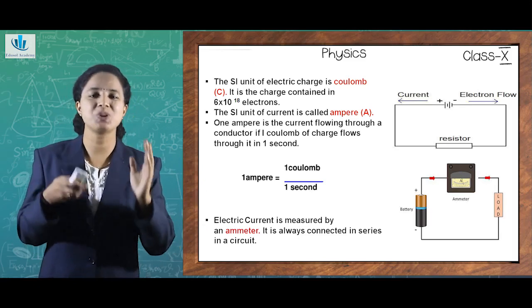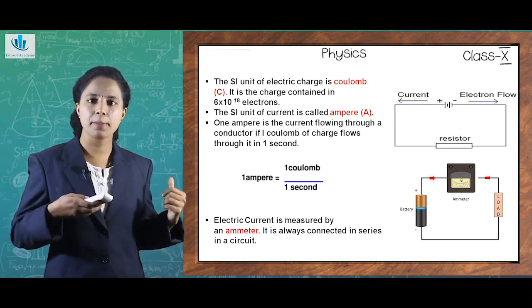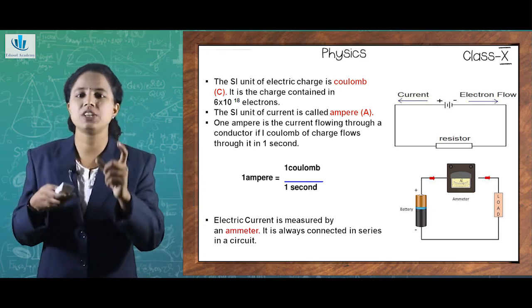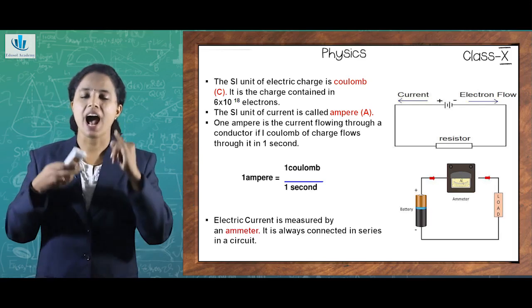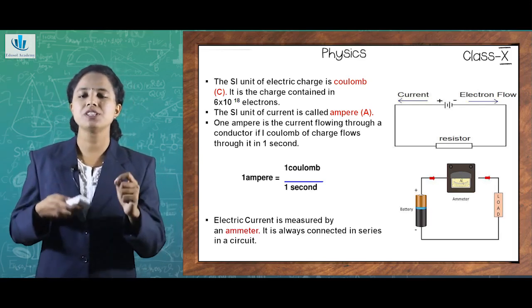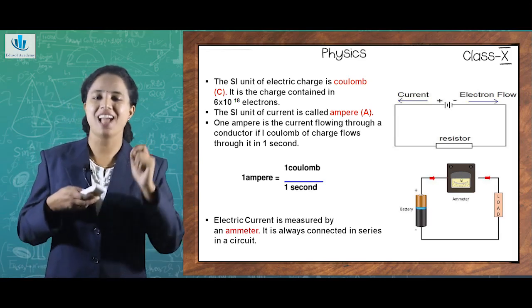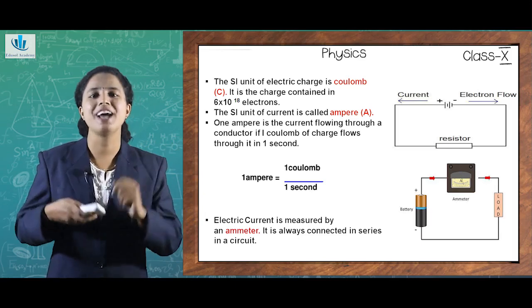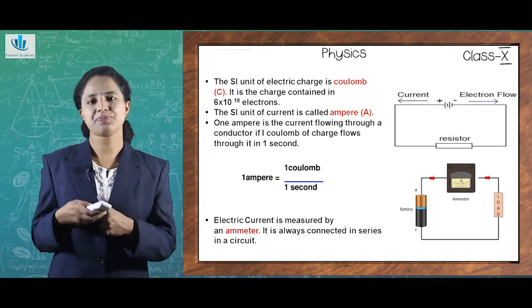So, I equals Q by T and 1 ampere equals 1 Coulomb per 1 second, which denotes the SI units of I, Q as well as T. The unit of current I is ampere, the unit of charge is Coulomb and the unit of time is second.